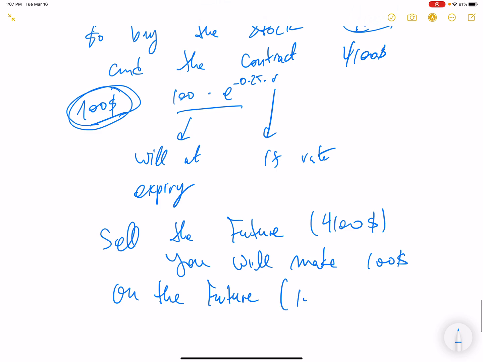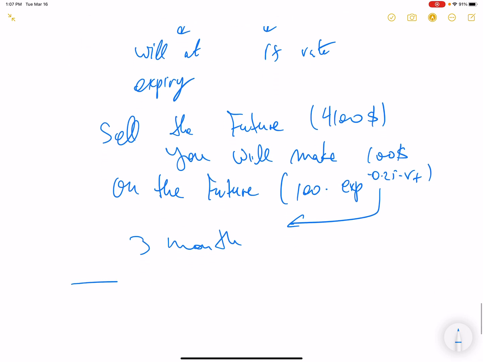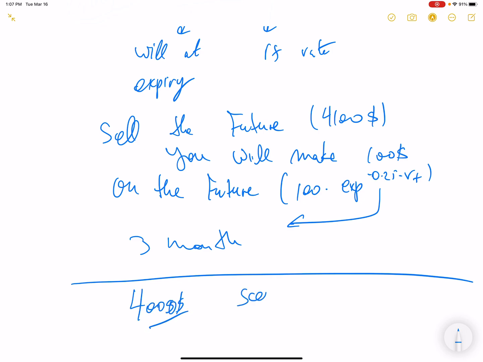Or more precisely, 100 times exponential minus 0.25 times the risk-free rate, and this comes from the fact that it's 3 months. Now if the contract price you want to enter is $4,000, but in this scenario the future price is $3,950, you will not enter into the contract.